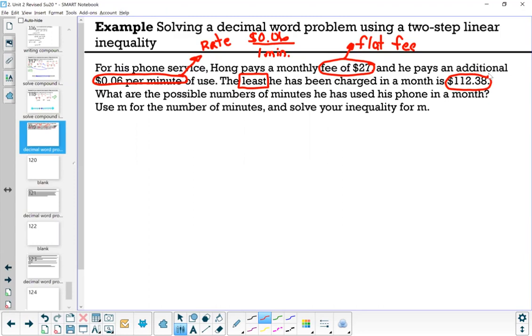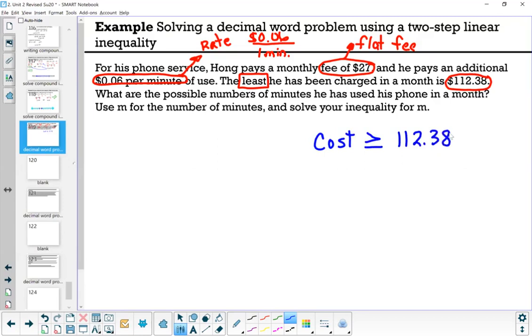Okay, so let's start with the last important math sentence, which was the least he has been charged in a month is $112.38. So if I think about that, that means I'm going to say the charge or the cost, the least. So we're saying the cost is greater than or equal to $112.38.